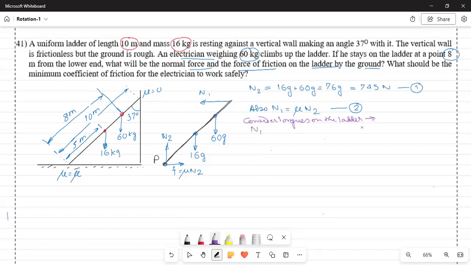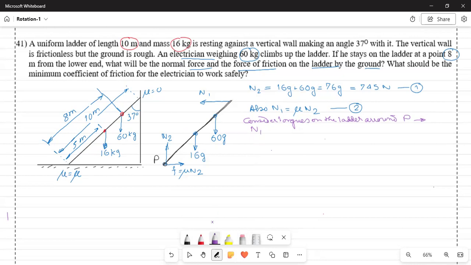Let me also clarify, torque on the ladder around P. This point P, of course, I have said is arbitrarily taken. You can take it around P, Q, M, whatever it is, the result will finally be the same.